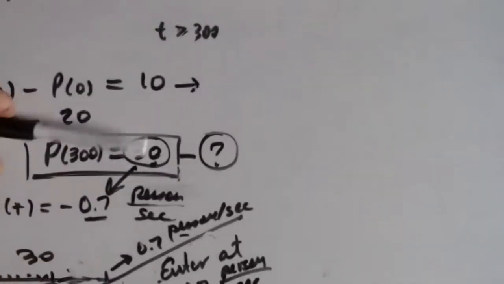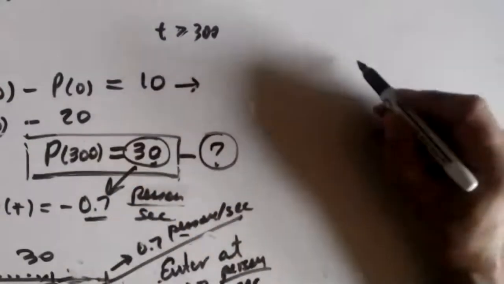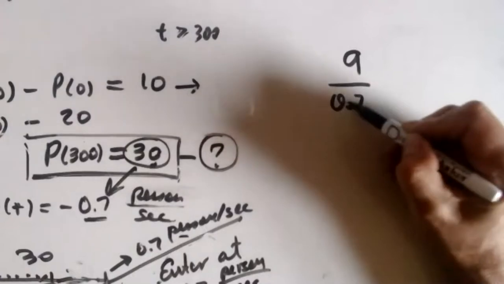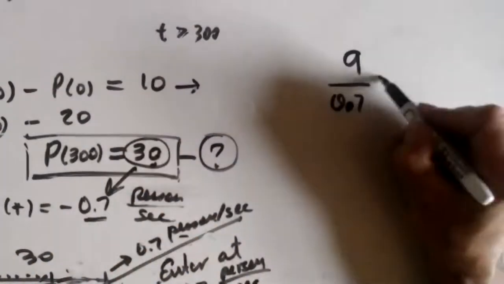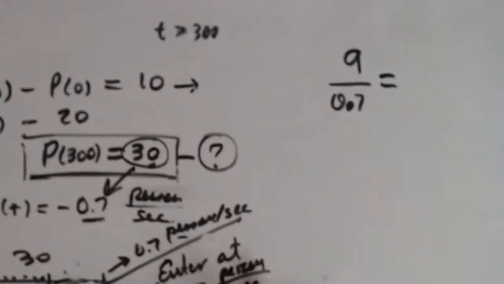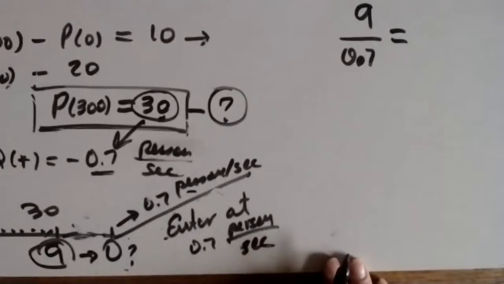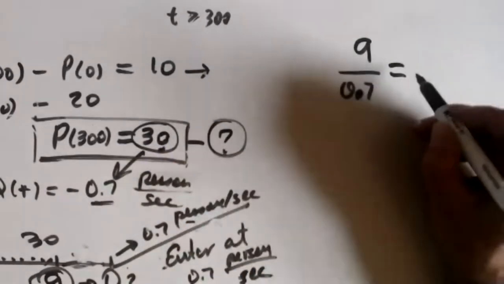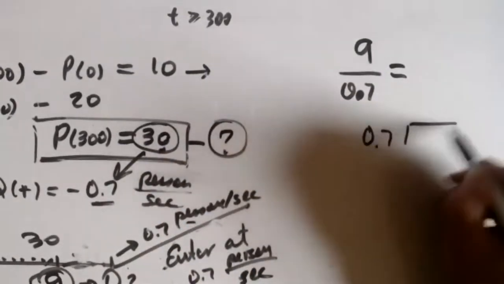2 divided by 0.7. You told me first 9 divided by 0.7, correct? Okay. How much is this? It's not very difficult to know, right? So 0.7 over 9.